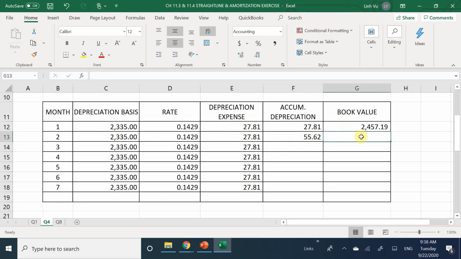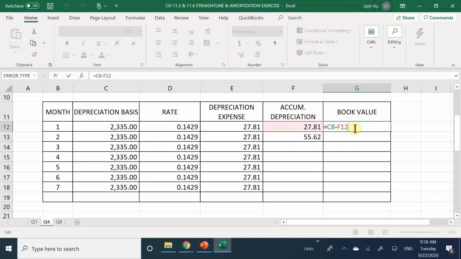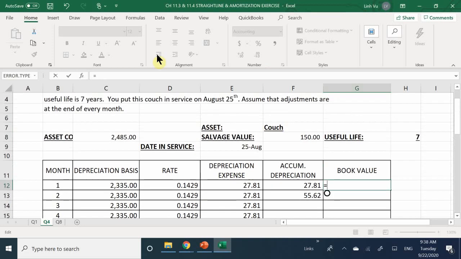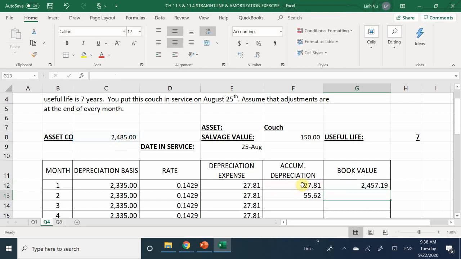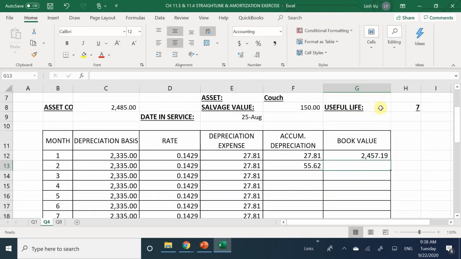Which gives me a book value of 2429.38. Oh, I forgot to absolute that cell reference. There you go. So, what was your number again, Lynette? 2429.38. 2429.38. Good.